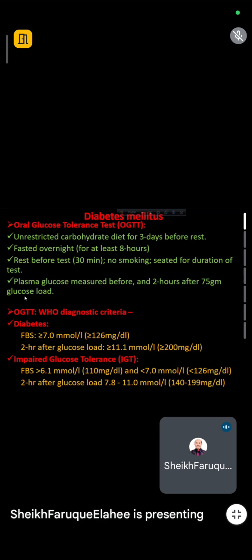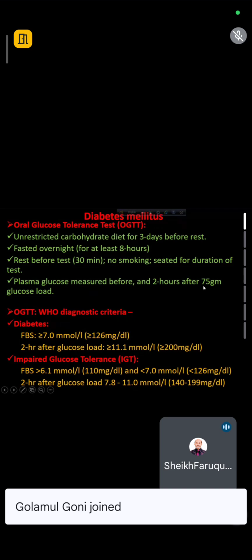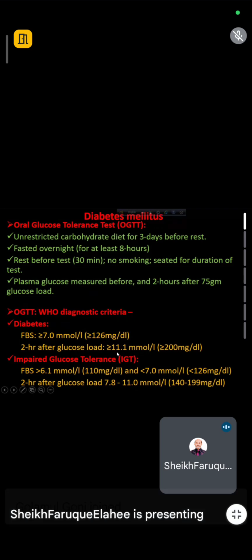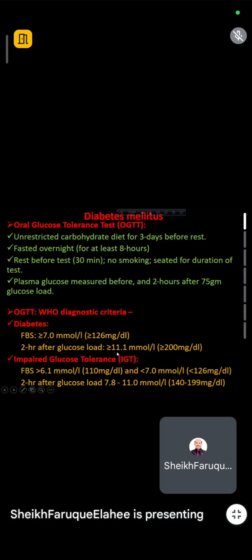So one in fasting state, another one 2 hours after. One is before, one is after. Now fasting blood sugar, I told you, if it is more than 7, yes, he has diabetes. And after 2 hours of 75 gram glucose, if he has more than 11, yes, he has diabetes.